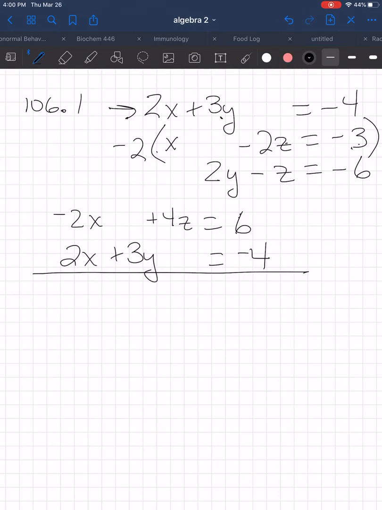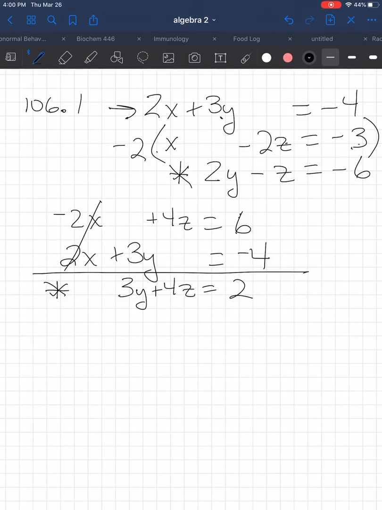Now we add these two together. What happens to the x's? Well, they cancel. That was the whole idea. So now I have 3y plus 4z is equal to 2. All right, so that's one of my equations. And here's 2y minus z equals negative 6.